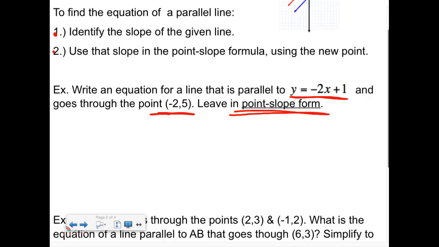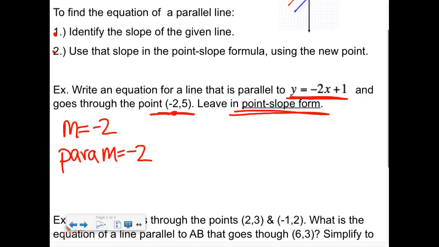I see here the equation they gave us starts in slope intercept form, so we already know our slope is negative 2. And as we just learned, or maybe remember, slopes are the same for parallel lines. So if I'm using my parallel slope, I'm going to use m-para for parallel. So my parallel slope then is negative 2 because they are the exact same.